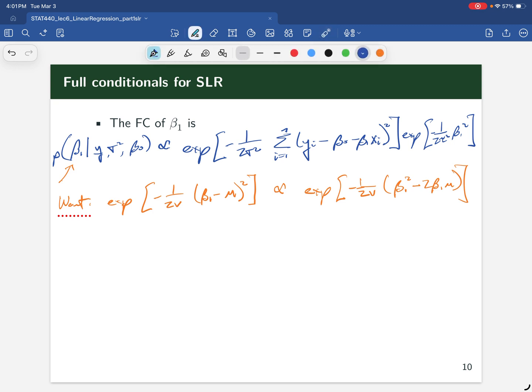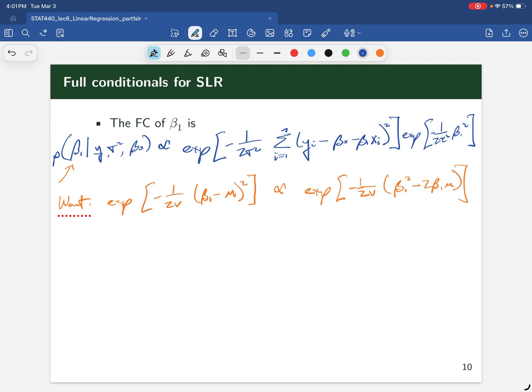Okay, so I'm going to simplify things a bit. I have an e to the stuff times an e to the stuff. That's e to the stuff plus stuff.